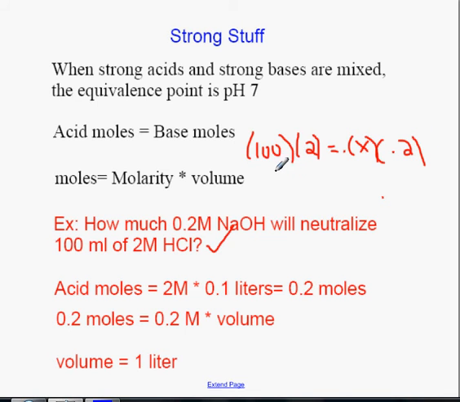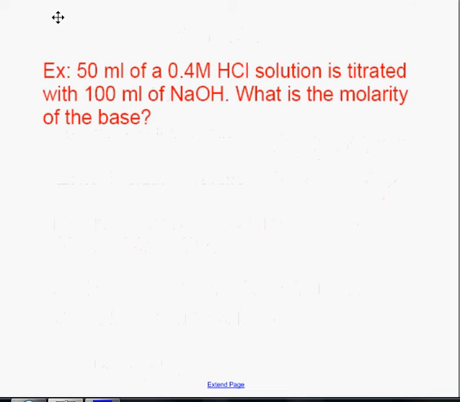Well, this is 200, and this is 0.2x. Divide by 0.2, and we get 200 divided by 0.2. It would take 1 liter. So 1 liter of the sodium hydroxide would titrate 100 mL of a 2 molar hydrochloric solution.